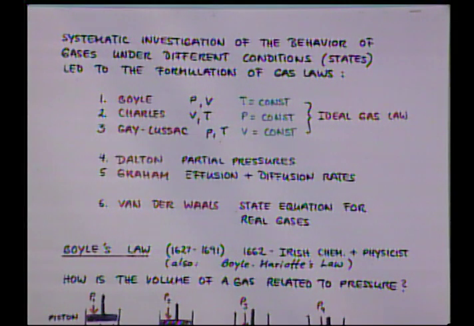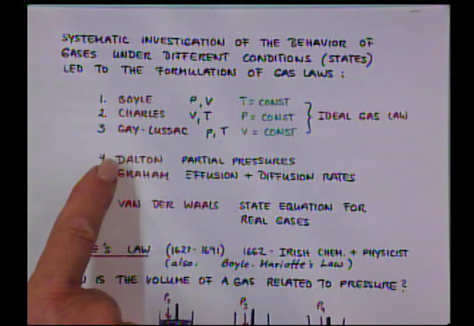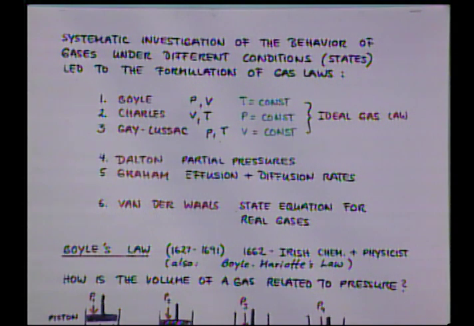And in today's episode, we will go up to Boyle, Charles, and Gay-Lussac, and the so-called combined gas law. And then later on, we will learn about the ideal gas law, Avogadro's principle, and then Dalton, Graham, and van der Waals. So this is practically our program for the gas chapter.